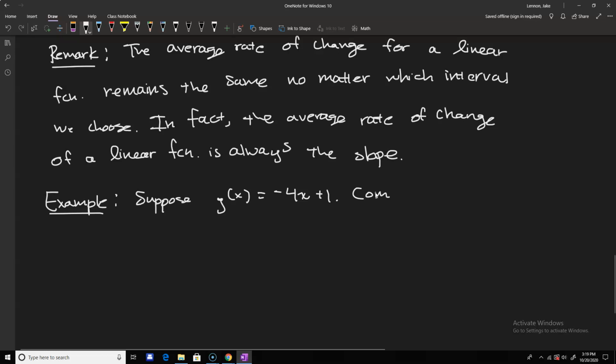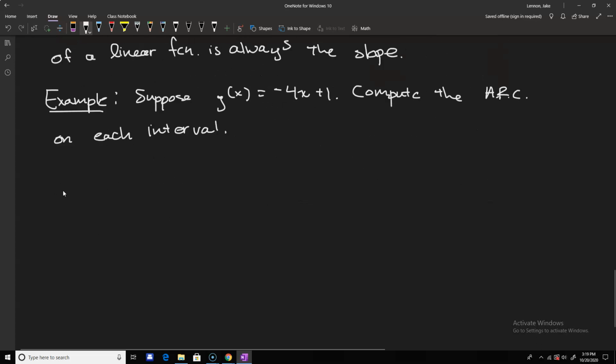We'll compute the average rate of change on each interval. So the first interval, maybe we'll do x equals -3 to x equals 2.